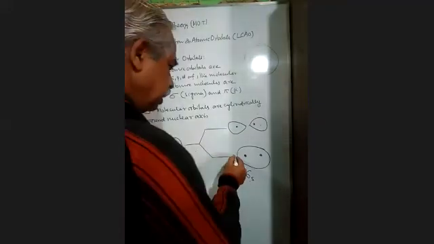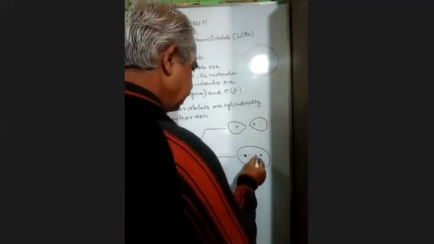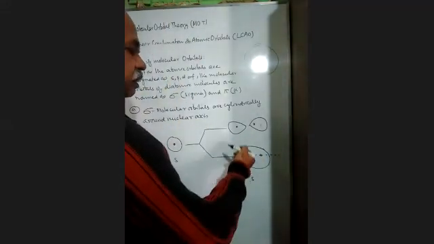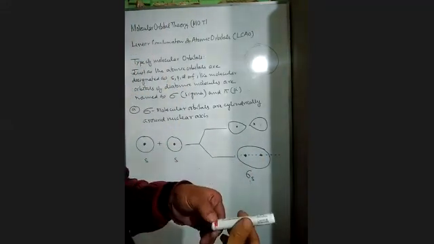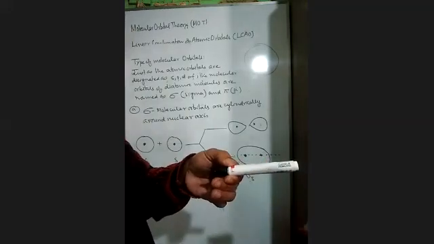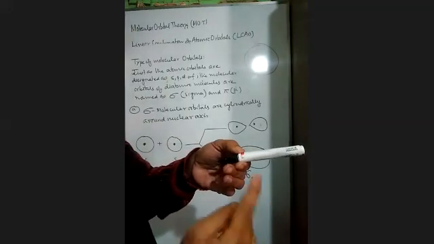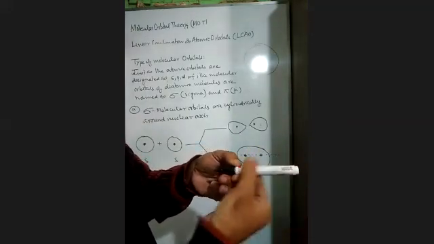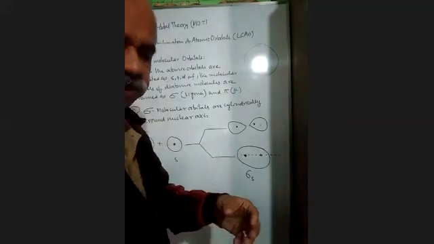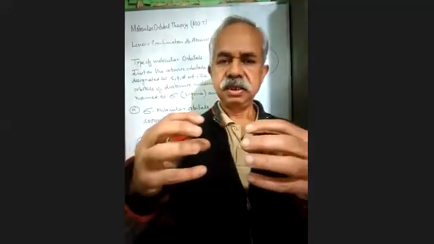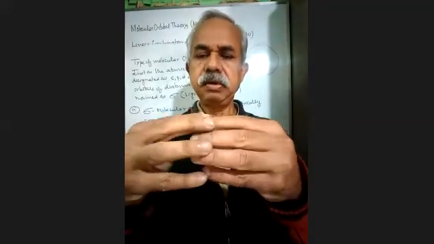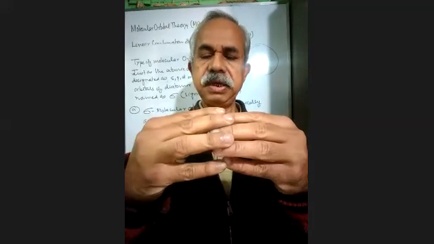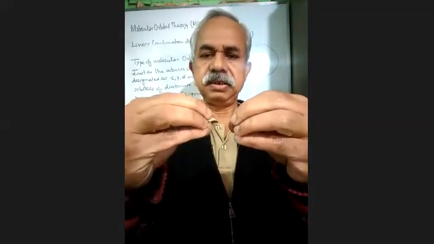This is the internuclear axis. They are cylindrically arranged. If I pass a wire through it, this is the electron cloud. When they combine, it will be like this, and when they repel, it will be like this.